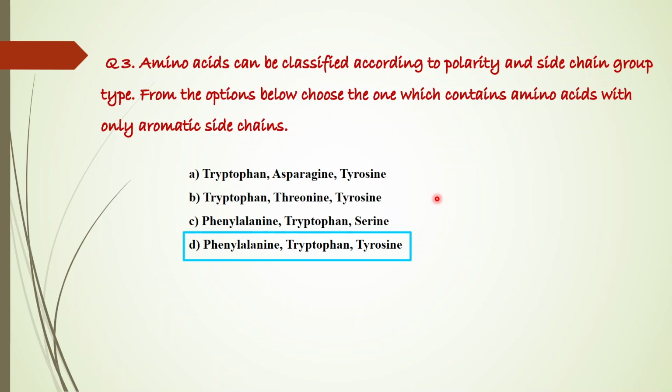Whenever any protein or peptide shows some kind of fluorescence, we can assume that it has an aromatic side chain containing amino acid. So there are only three. This helps us narrow down the possibility of amino acids whenever we see fluorescence.